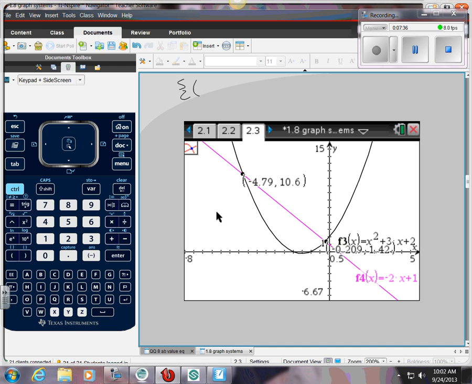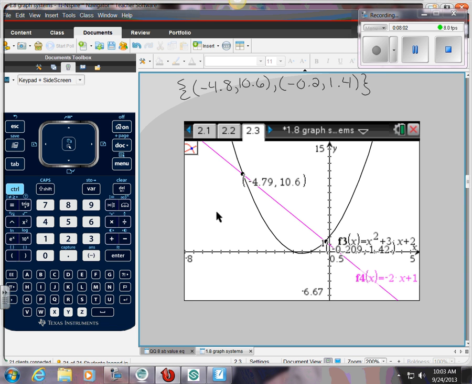And since there's more than one solution, we use curly brackets. So we should have negative 4.8, 10.6 is my first solution, negative 0.2 and 1.4.